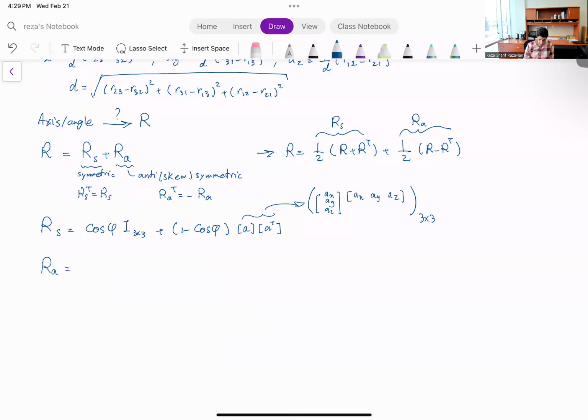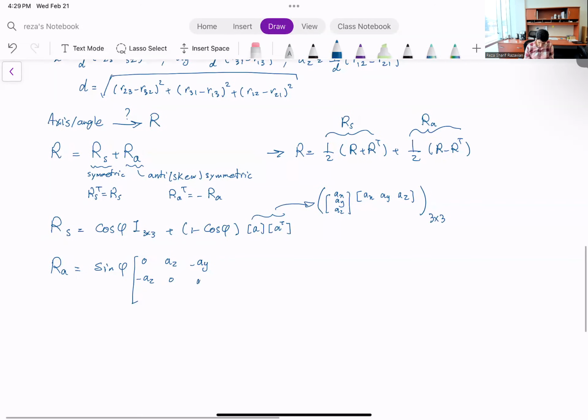The antisymmetric part is sine of phi times a strange looking matrix: 0, minus AZ, AY, then AZ, 0, minus AX, then minus AY, AX, 0. Let me see if I have it right. Yes. This is a very common form that shows up often, so let's have a notation for it.